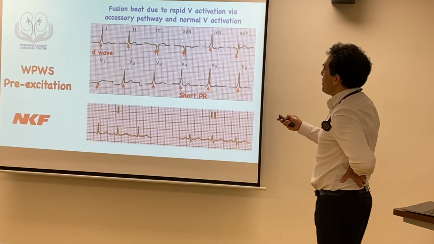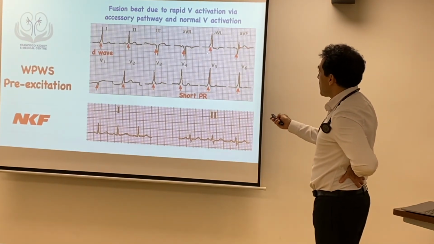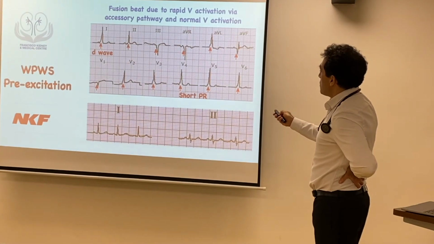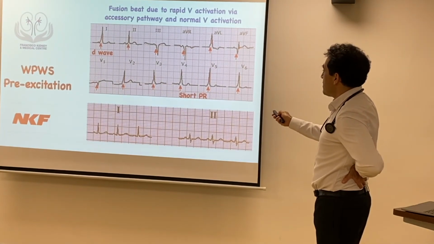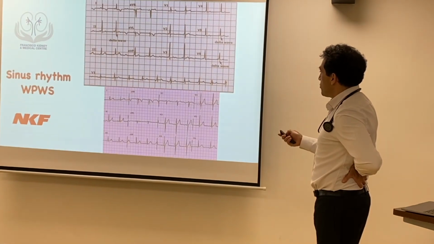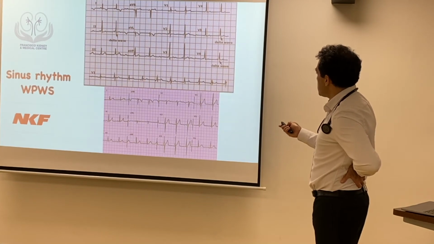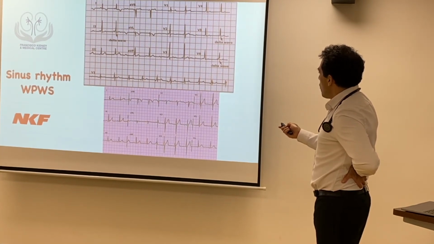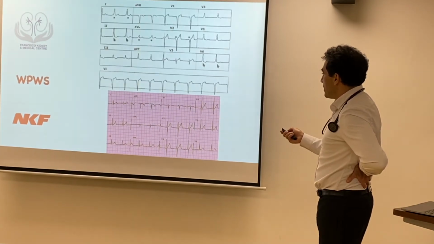So there is another accessory pathway that also causes this activation again on the ventricles, and sometimes the two contractions, through the normal pathway and the other one, fuse, and they form this delta wave. So it's characteristic. This is another example. I'm not going to go into the details, but you can see these delta waves there. So it's a little bit wider, but there is a notch on the R wave in the beginning. Yeah? This is just another example.